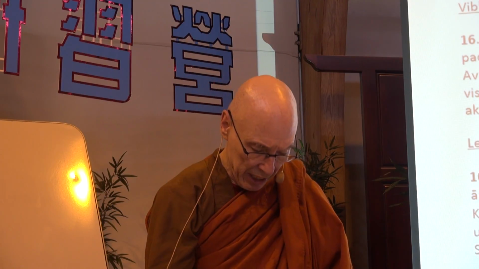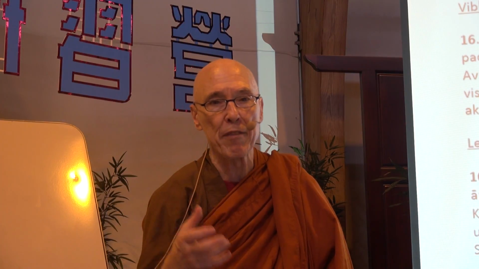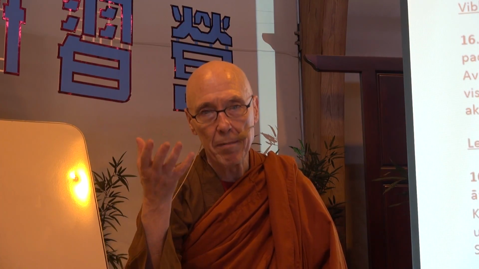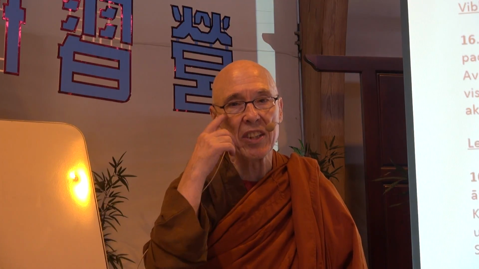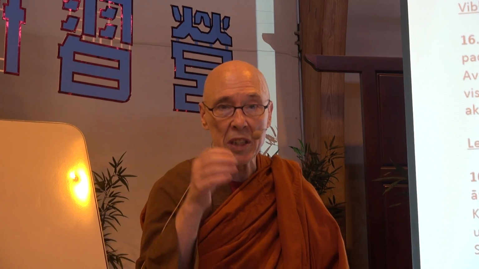Non-greed, for example, can manifest in acts of generosity, giving to others, detachment, renunciation. Non-hatred, in its positive manifestation, becomes metta, or loving kindness. And non-delusion, which is the elimination of misunderstanding, becomes wisdom.